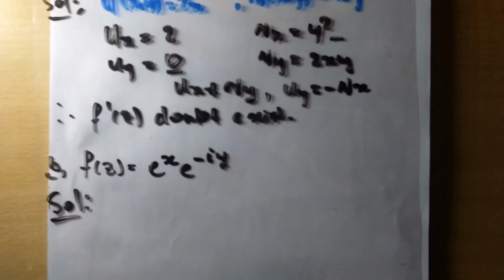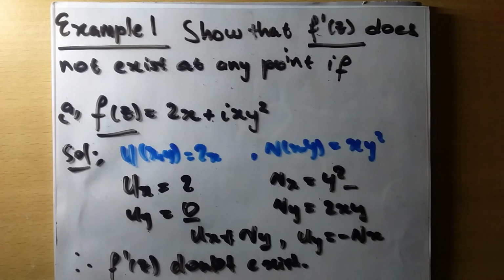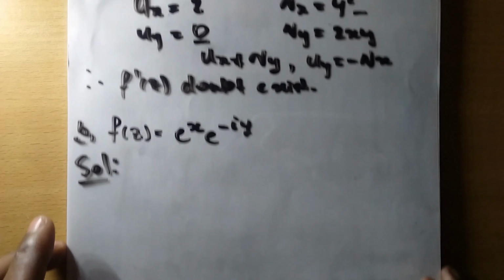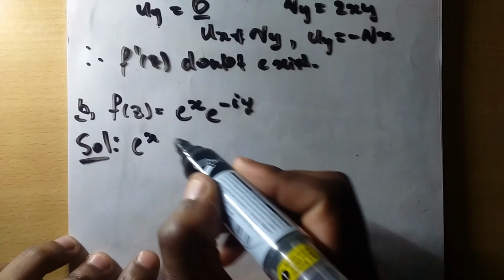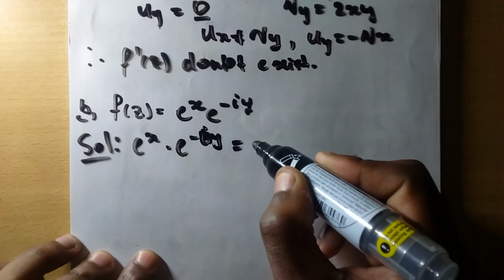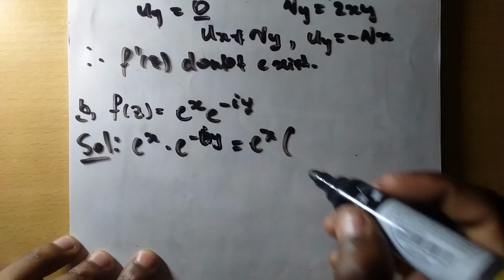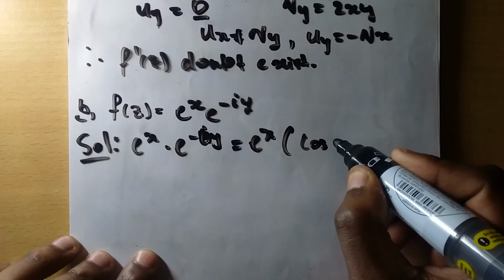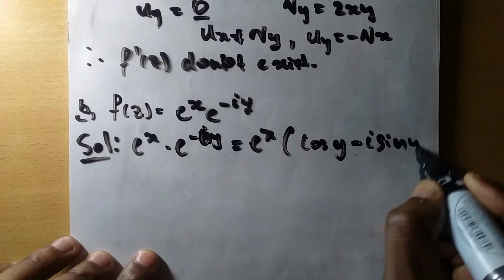So let us look at the second question, which is a follow-up. It's the same question, which shows that the first derivative does not exist at a point if the function is equal to this. With this type of equation, e to the x multiplied by e to the negative iy can be written as e to the x, and by Euler we have cos of negative y, which is just cos of y, minus i sine of y.